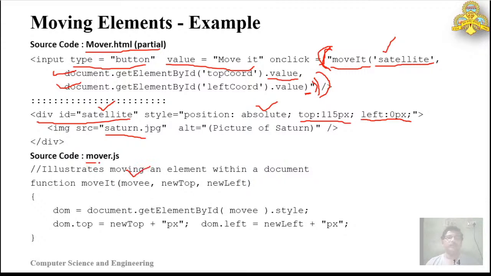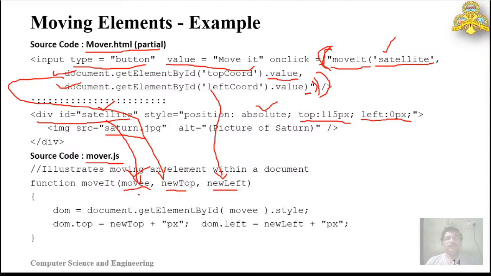This is the source code of the mover.js, and here it is the movie object, and the new top value, new left value. So this is new top and this is the new left, and satellite is the movie object.